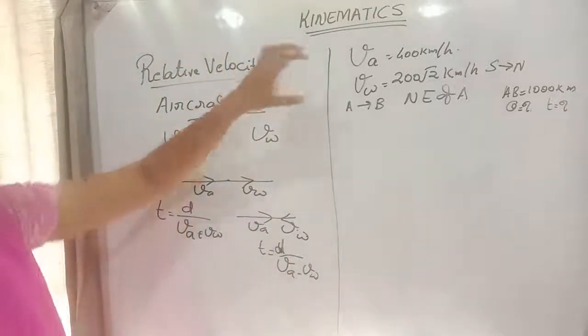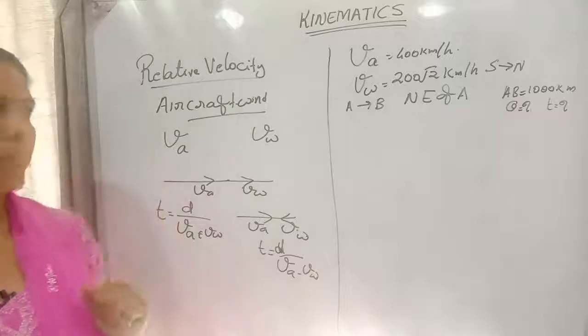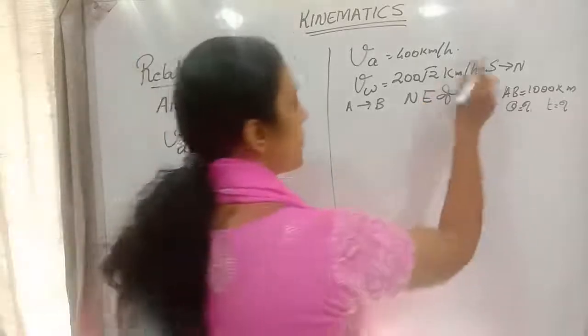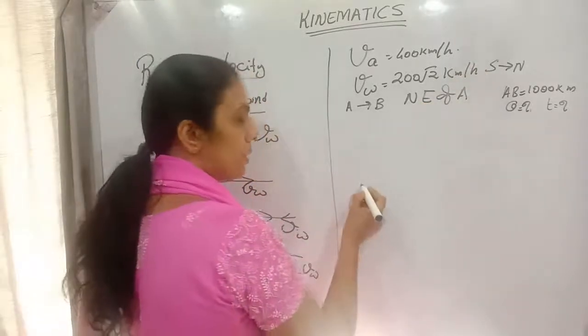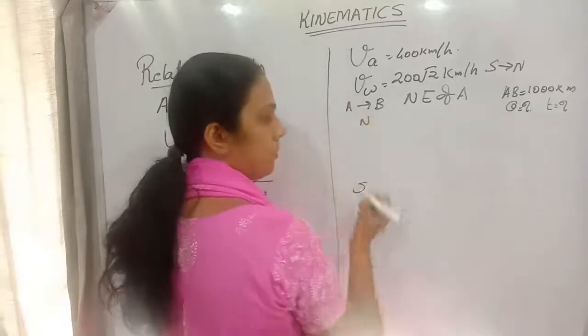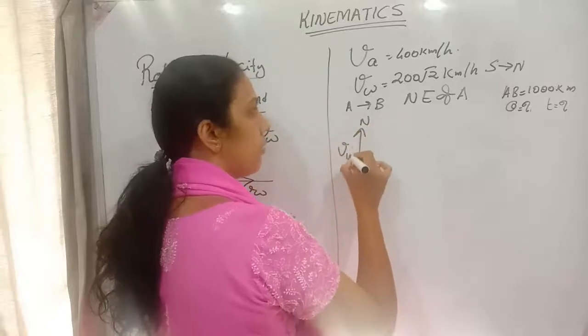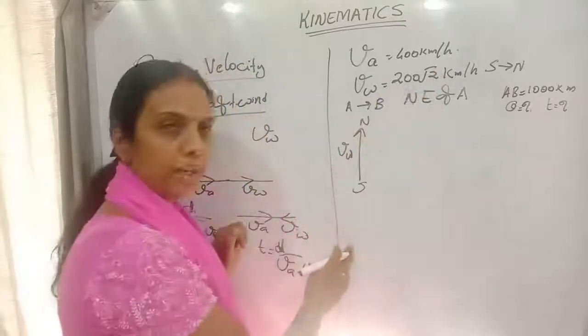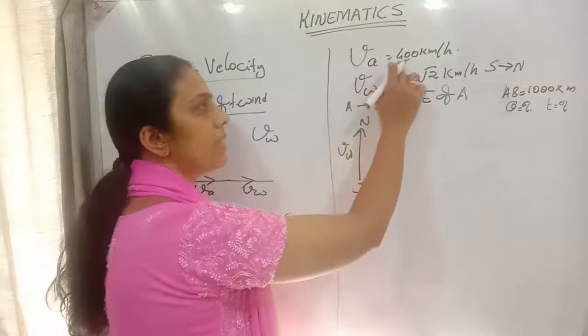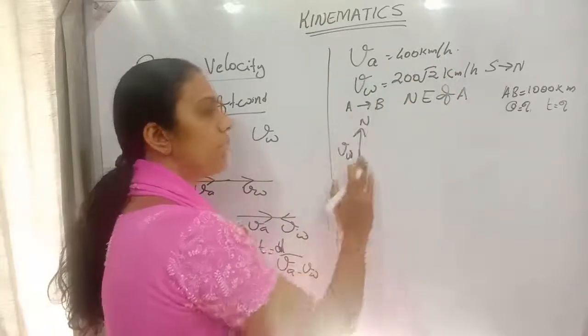For this kind of problem, first we need to draw the diagram. Wind is moving from south to north. South is here and this is north. Wind is moving like this with a speed of 200 root 2 km per hour. The aircraft is 400 km per hour, but wind is moving in this direction.